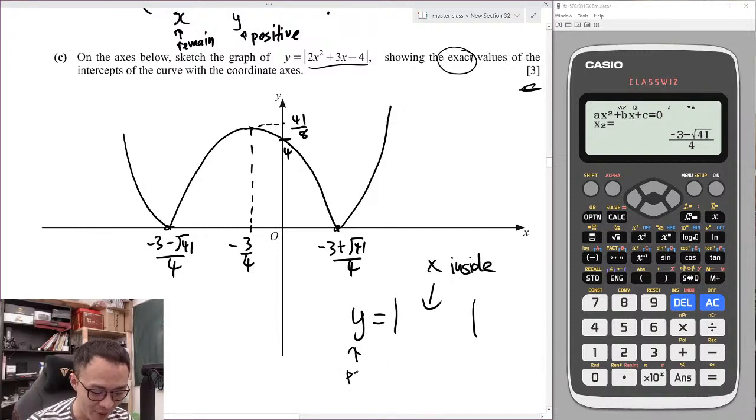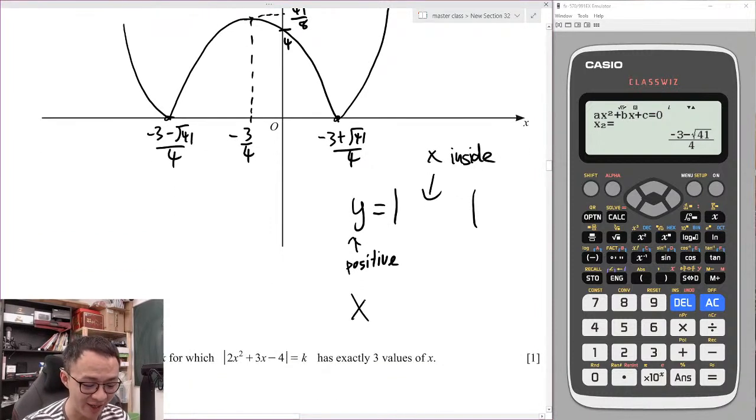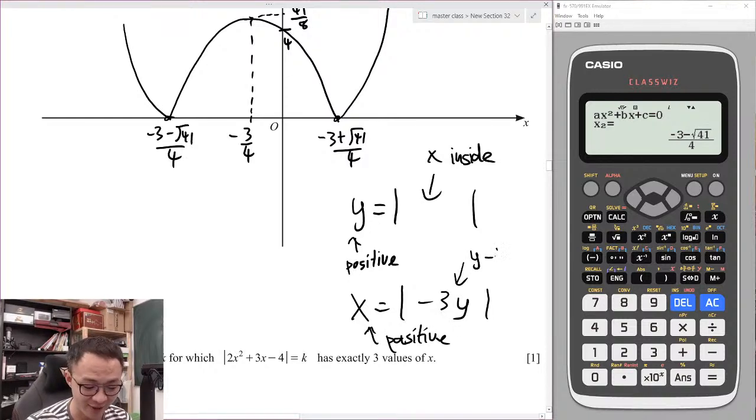This is y positive, not x positive. Some students will think, oh, the x is inside the modulus, so x must be positive. No. Unless today you have x equals modulus of something with y, then I can say x will always be positive, because right now, y is the one inside here. So it's a different concept here.